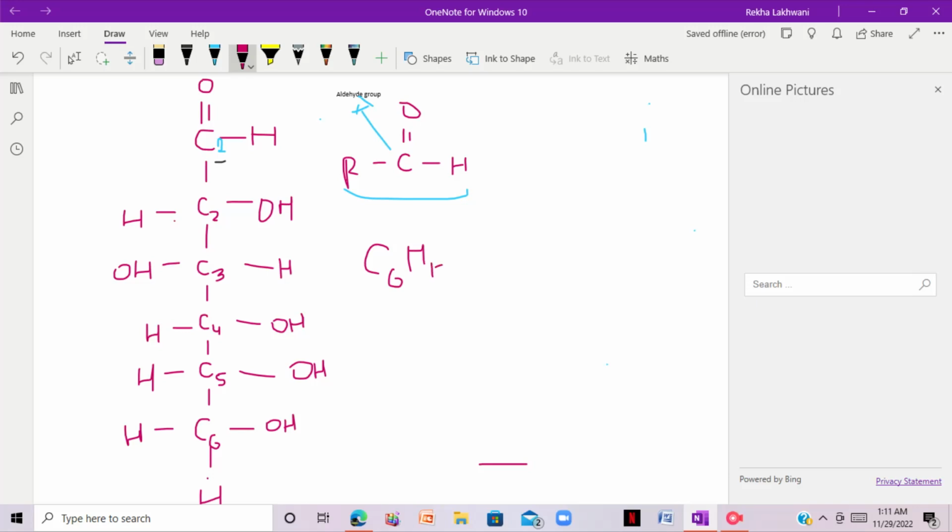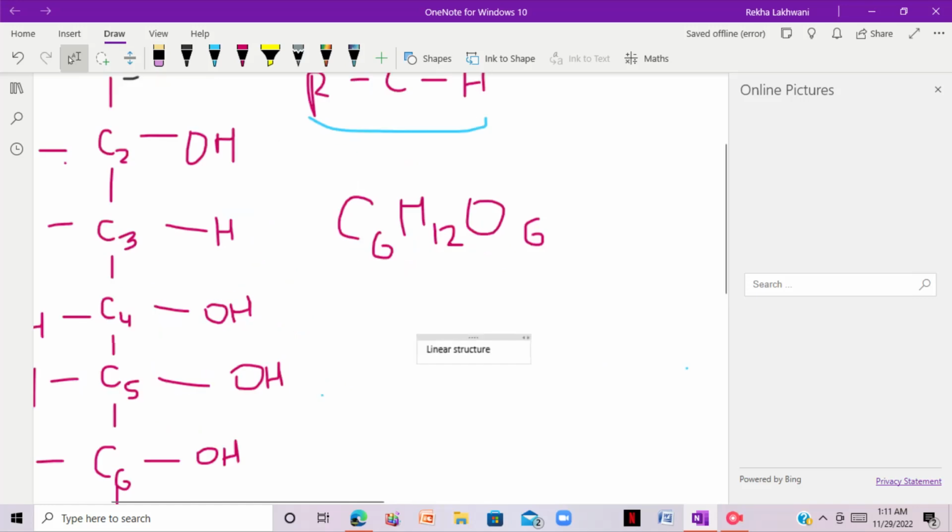This linear structure is present in the dry form. Right, this is present in the dry form, but this structure is not stable.